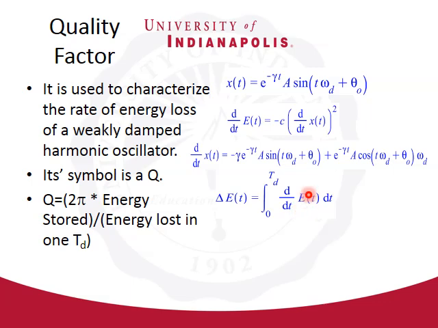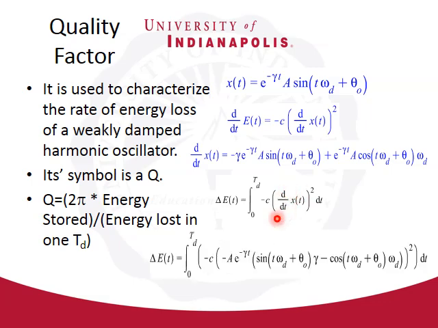I need to integrate the change in energy with respect to time, and if I do that, I can change it into this integral, and now I need to plug in this term. So what I do is I get this expression.